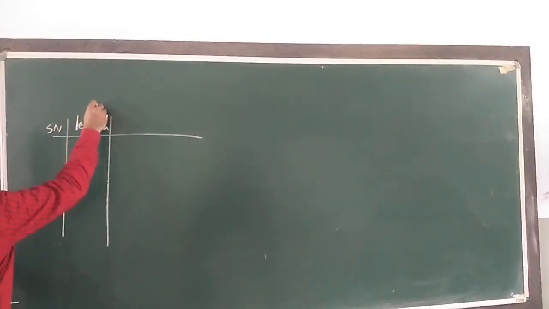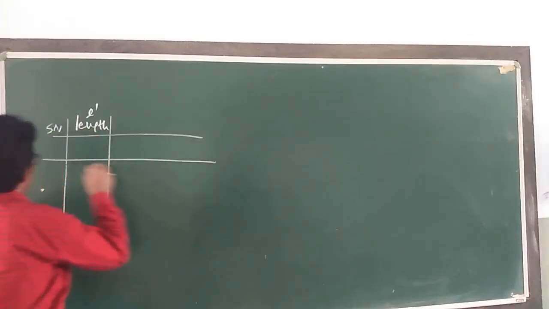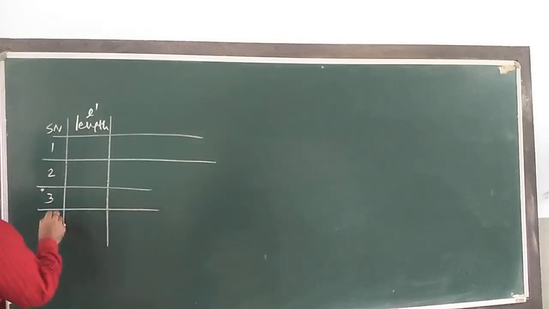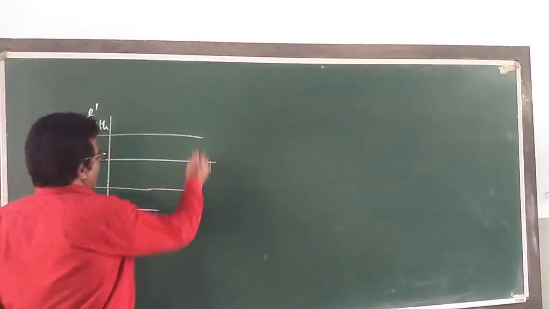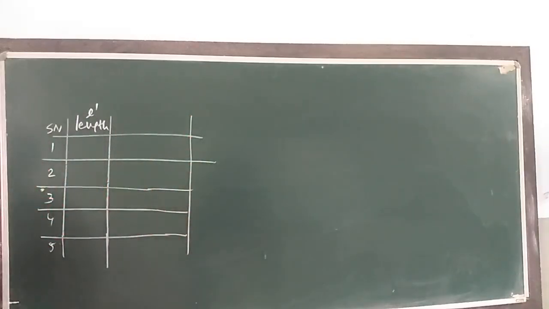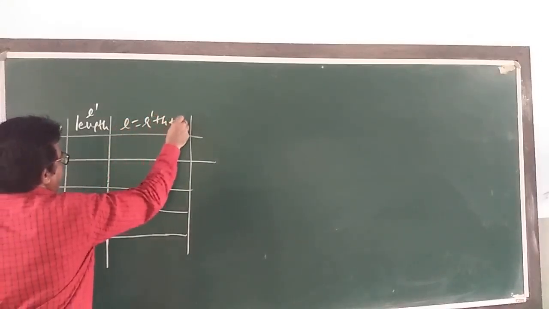You can say this is L dash. 1, 2, 3, 4 or 5 observations we have to take. Then here we have to write the total length, that is L equal to L dash plus H plus R.